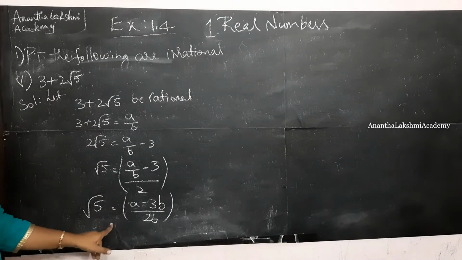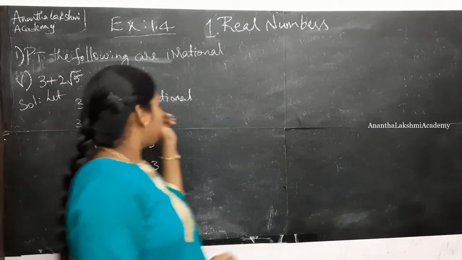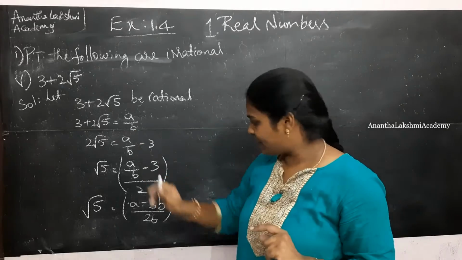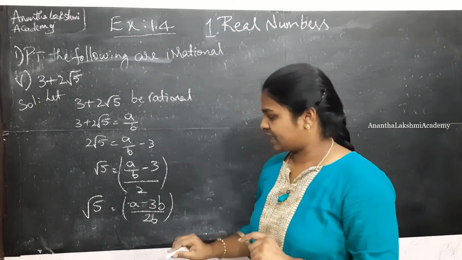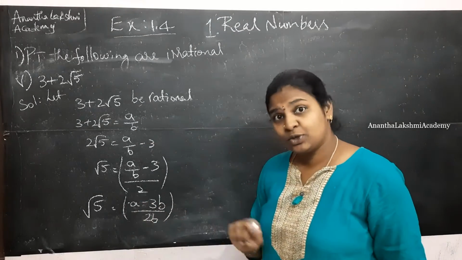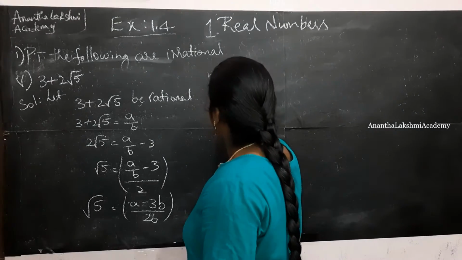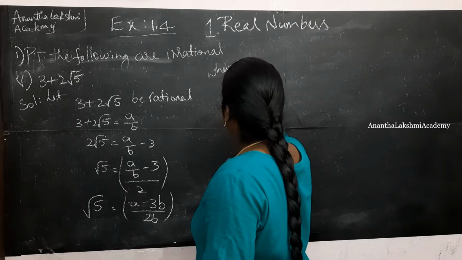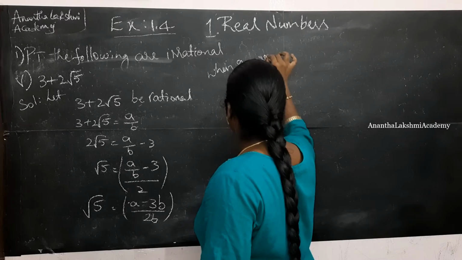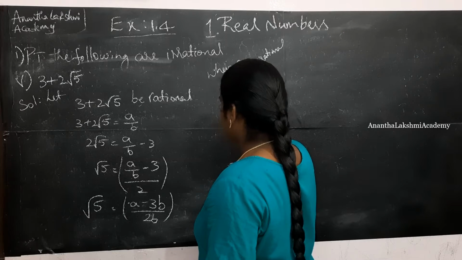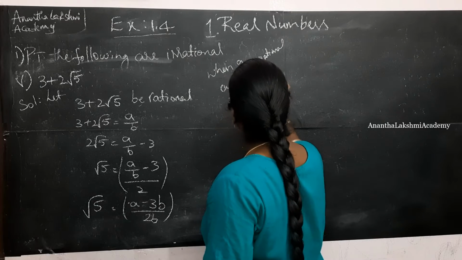What does this become? When we assume that for a number to be rational, it is in the form of a by b. Now when a by b is rational, a minus 3b by 2b will also be rational, isn't it? Let me write the same thing. When a by b is rational, a minus 3b by 2b is also rational.